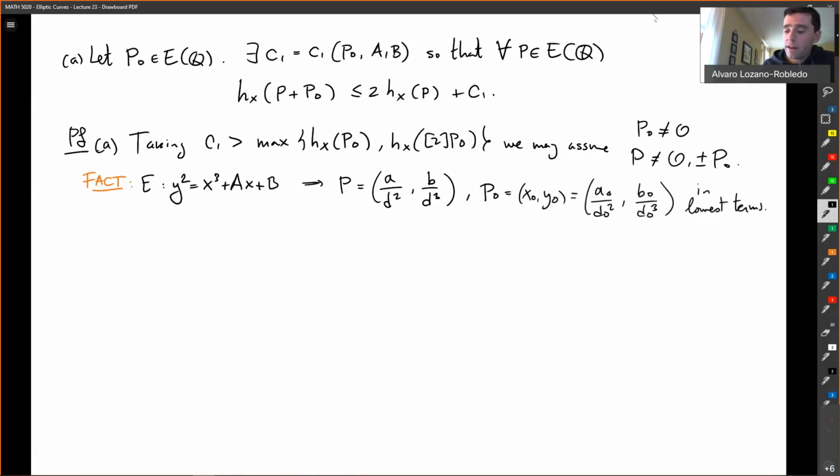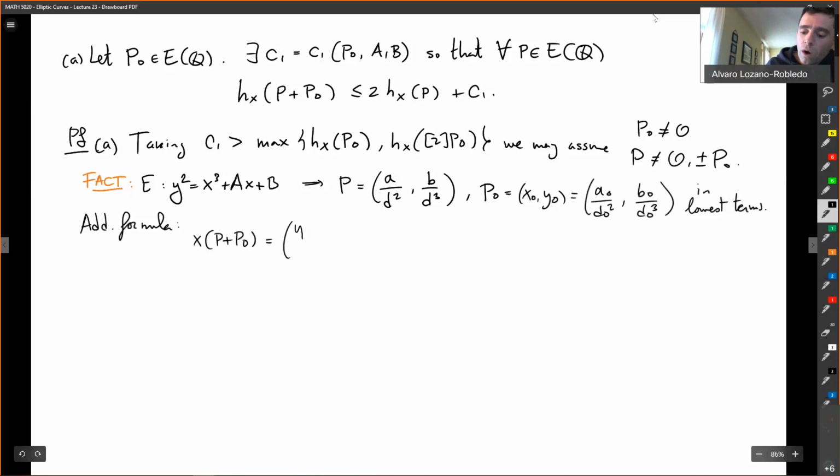Okay, then let's see what the addition formula is. The addition formula gives me a formula for the x coordinate in terms of P and P naught. So x of P plus P naught is ((y minus y naught) over (x minus x naught)) squared minus x minus x naught.